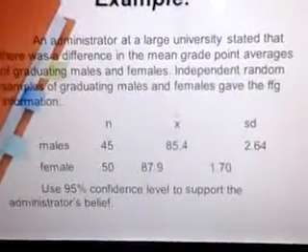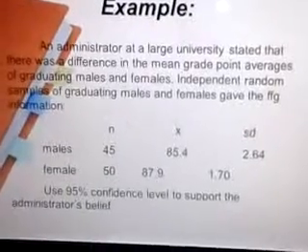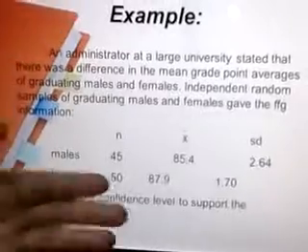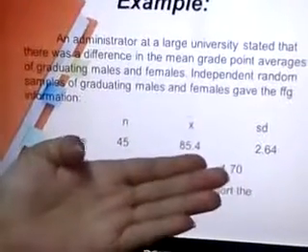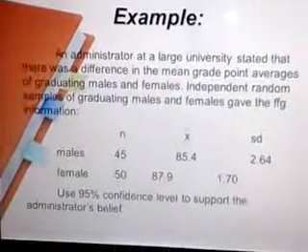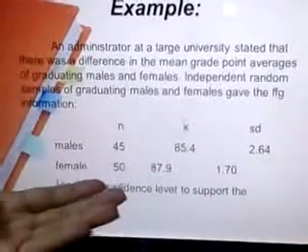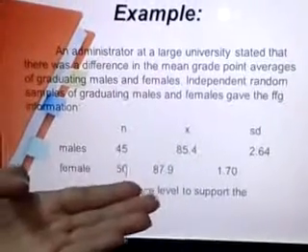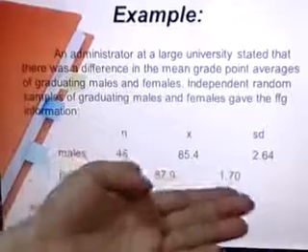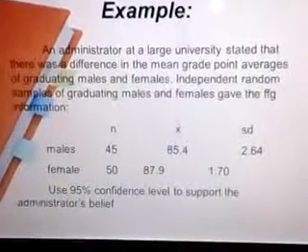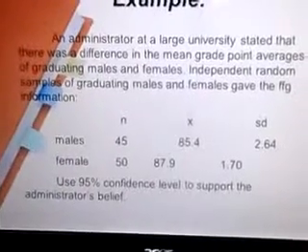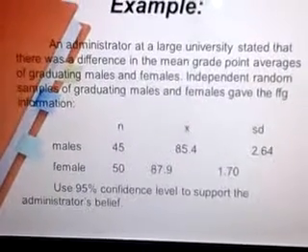The males have 45 samples, the females have 50 samples, and our males have a mean of 85.4 and a standard deviation of 2.64. Our females, we have 50 samples with a mean average of 87.9 and a standard deviation of 1.70. Use a 95% confidence level to support the administrator's belief.